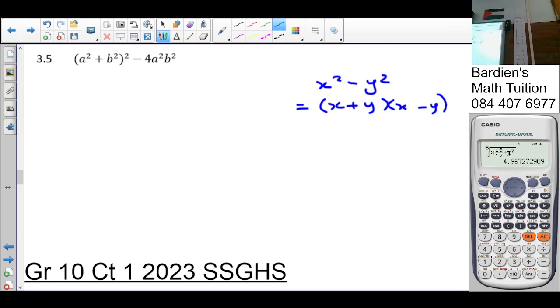Not so. However, if you look at this here, what is the square root of a squared plus b squared all squared? A squared plus b squared. What's the square root of 4a squared b squared? 2ab. So which means to say I'm going to again go with the difference of two squares. Can you see that? The difference between two squares here.